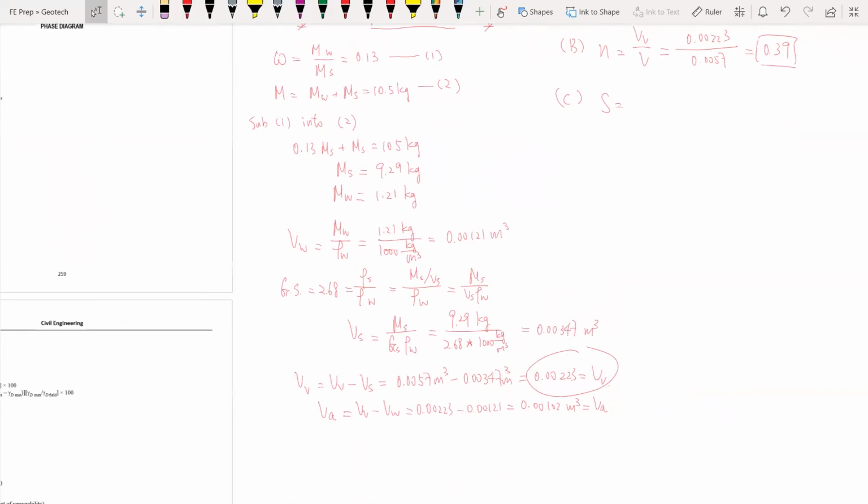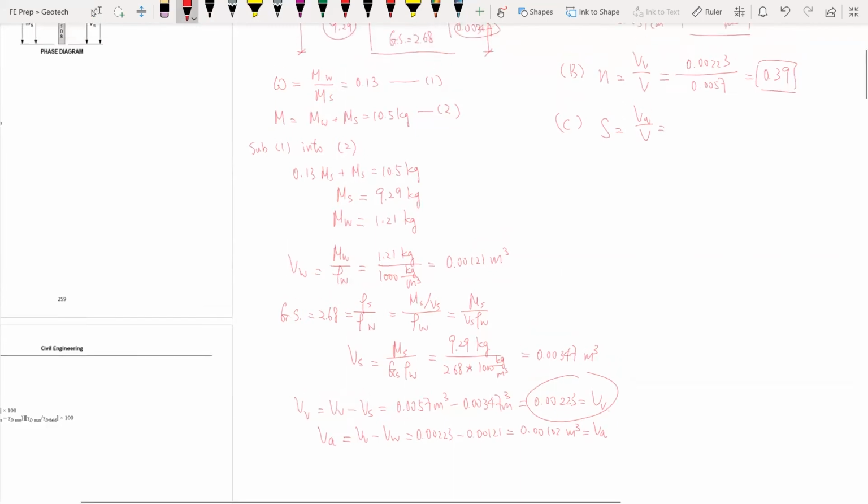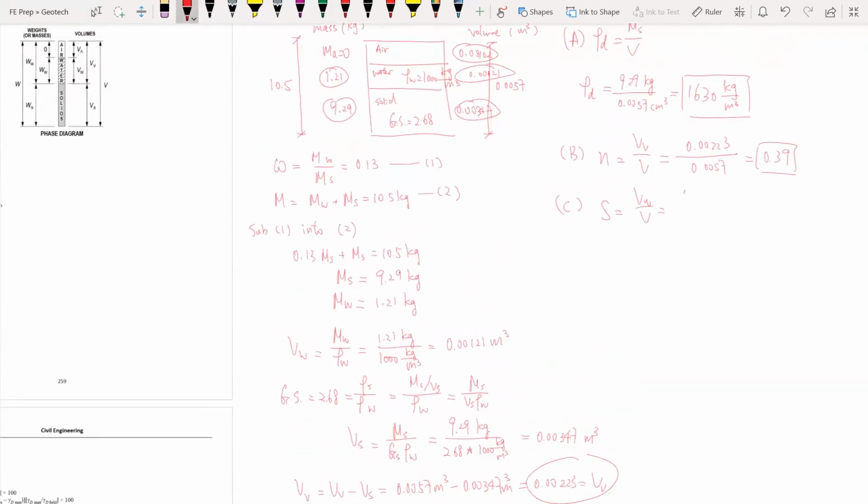So how much water is in the void by volume? The volume of water is 0.0... So again, this is the volume of water here, divided by the volume of void. And that gives us about 54%, or 0.54, as our degree of saturation.